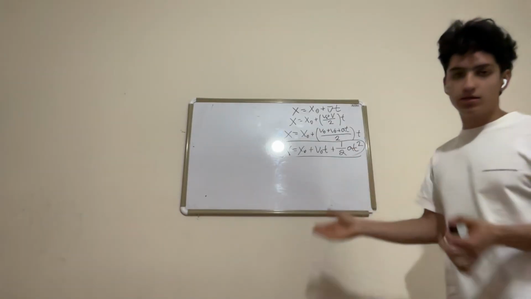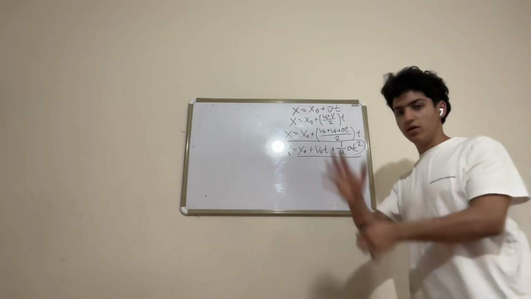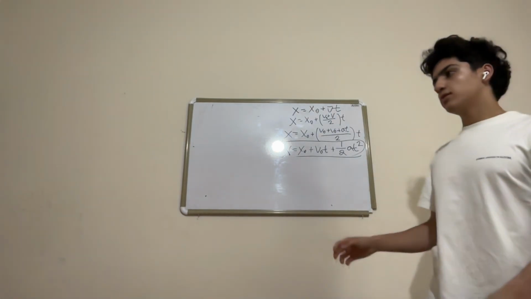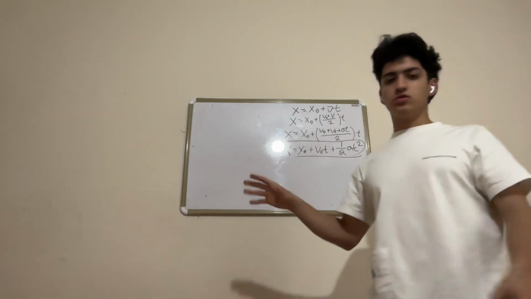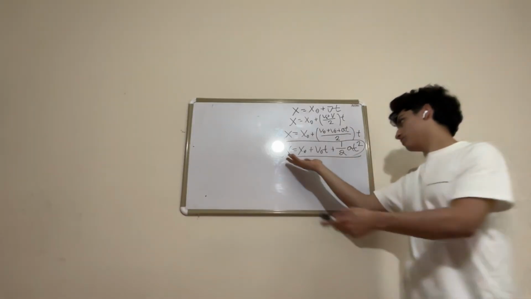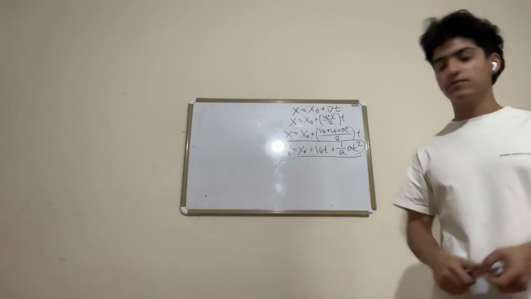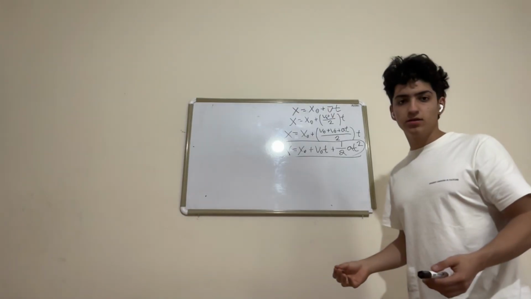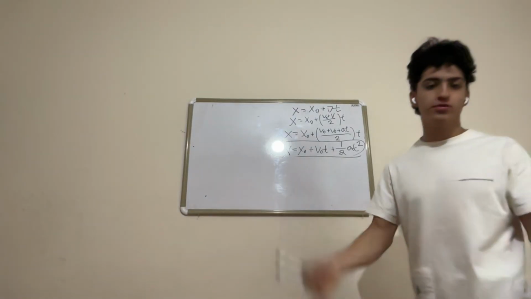That's why it's a very useful tool. That's why all of these are very useful tools, because you can use them as they are right now, which in this case will be final position, but you can also rearrange it in certain ways to solve for whatever problem you're solving.